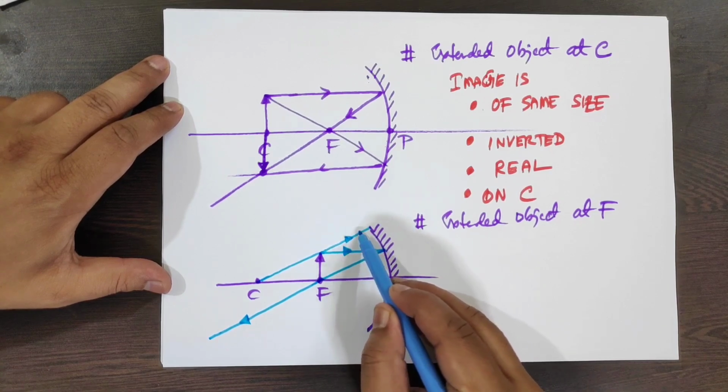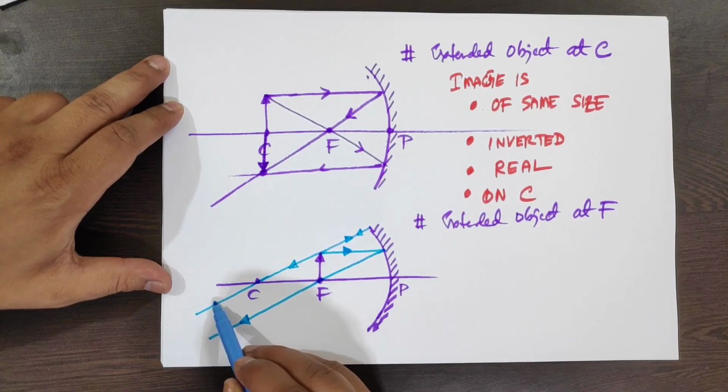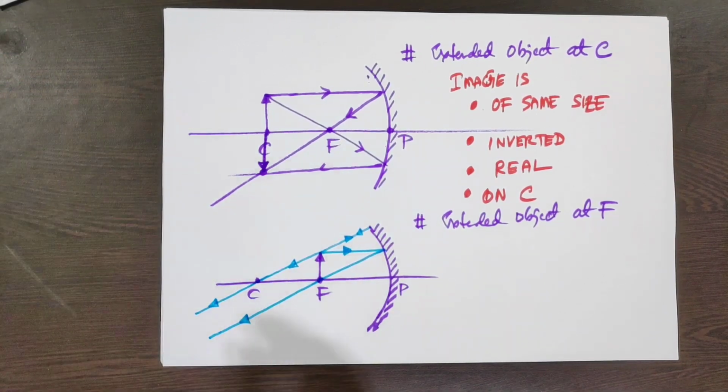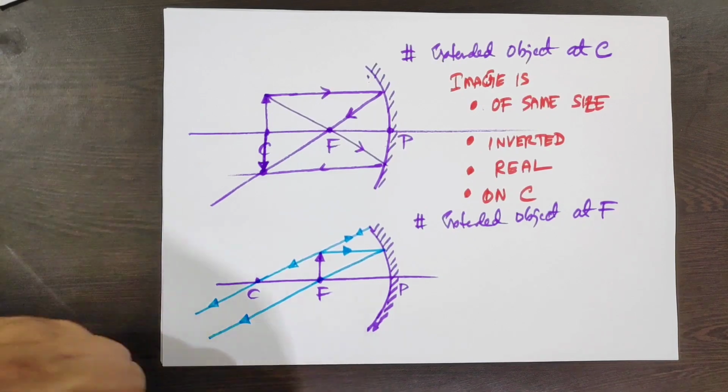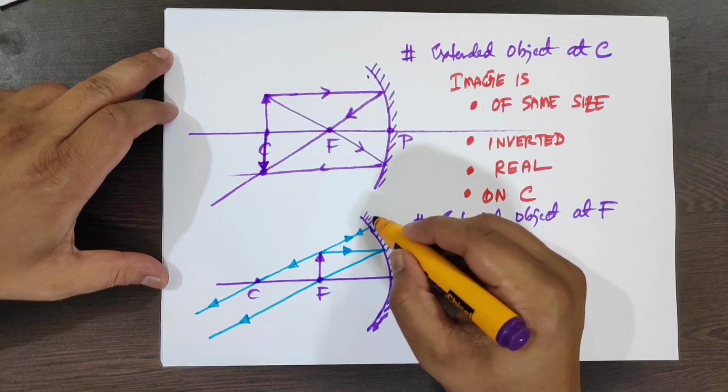This way it will return via the same path through C. So in this case, where is the image?